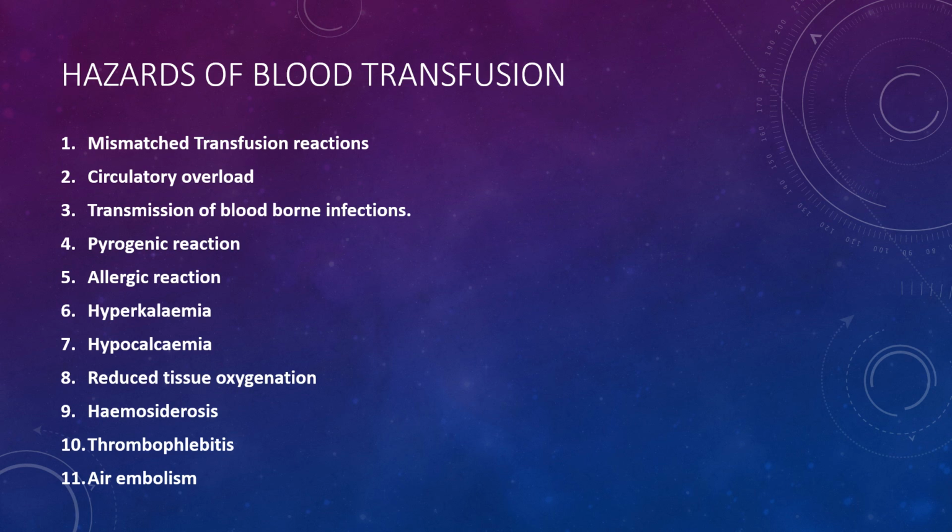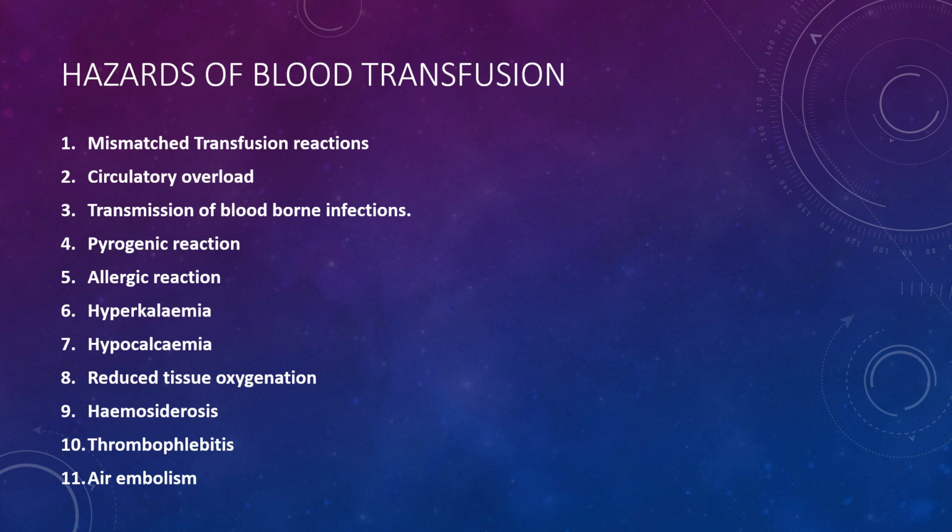Reduced tissue oxygenation may occur in patients receiving large amounts of transfusion. Red cells in stored blood have a very low amount of 2,3 DPG, and you know that 2,3 DPG is important for the shift of the oxyhemoglobin curve to the right. Less 2,3 DPG shifts the oxyhemoglobin curve to the left. A left shift means less affinity of hemoglobin for oxygen release, so that's why it reduces tissue oxygenation.